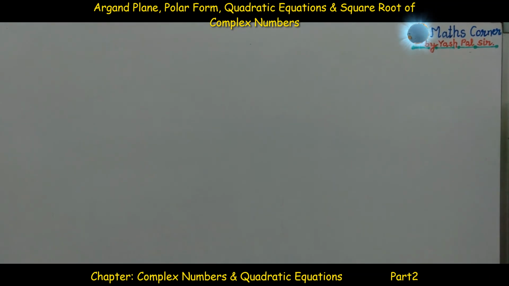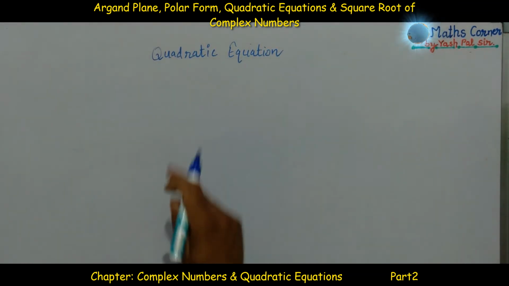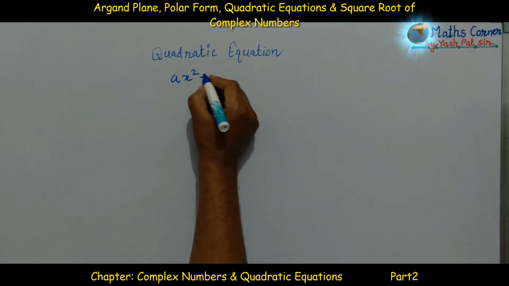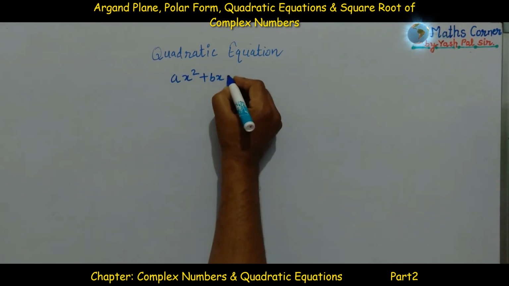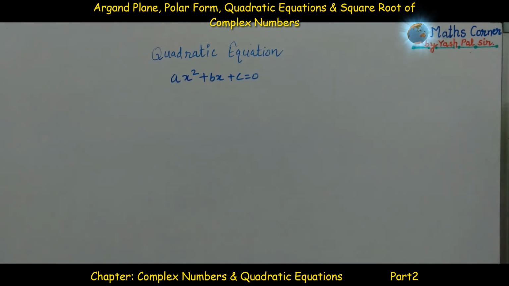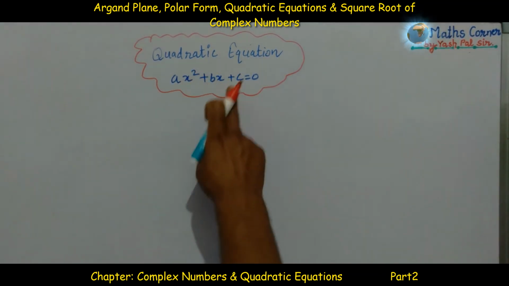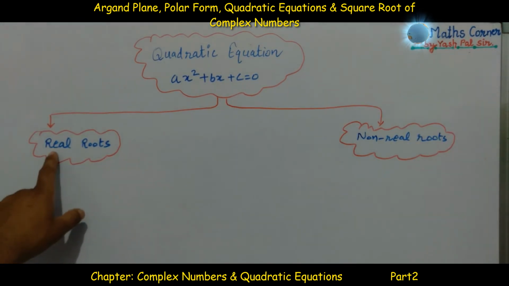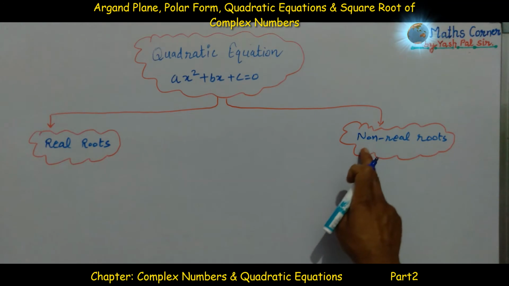Now we shall discuss quadratic equations in complex numbers. First of all, the quadratic equation. We take the general form ax square plus bx plus c equal to 0. Suppose this is the quadratic equation. Now we divide quadratic equations into two parts: one side real roots, the other side non-real roots.